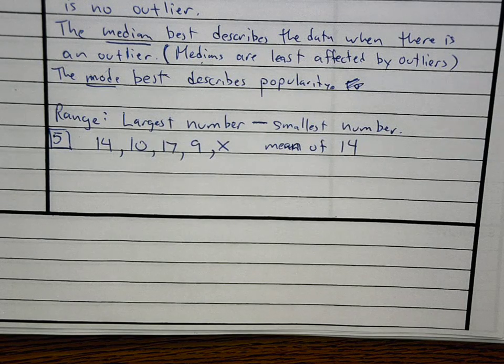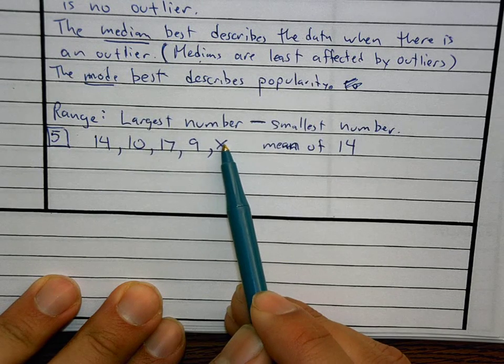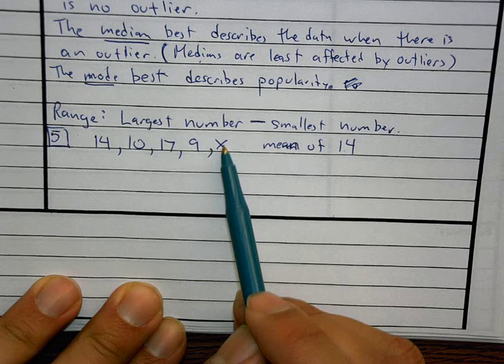So what this is saying, if you have 5 pieces of information and you want an average of 14, what does this number have to be?